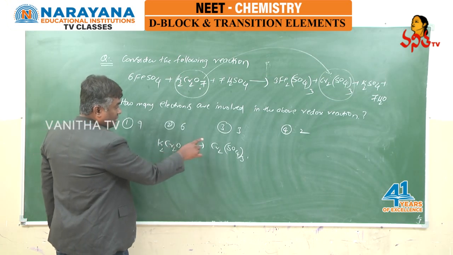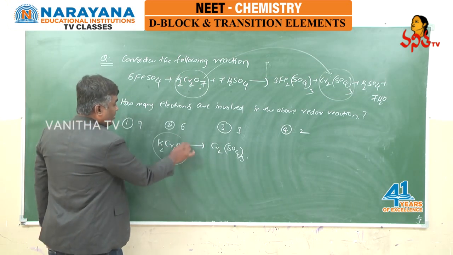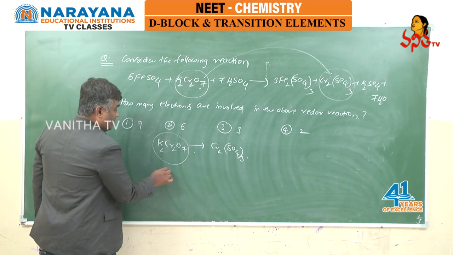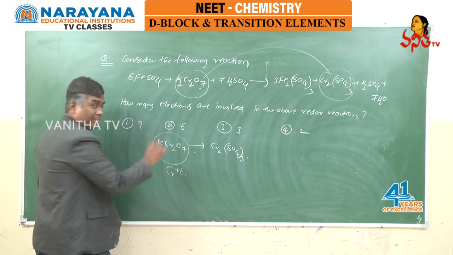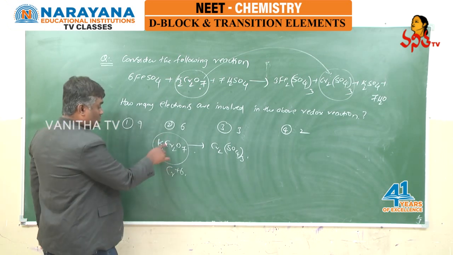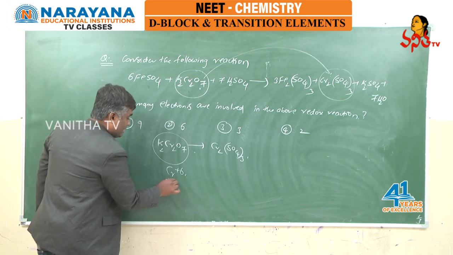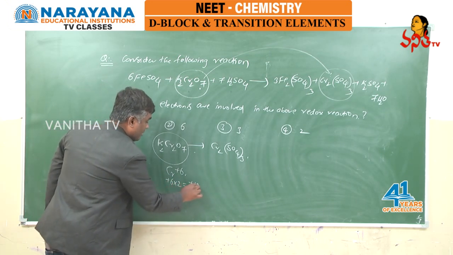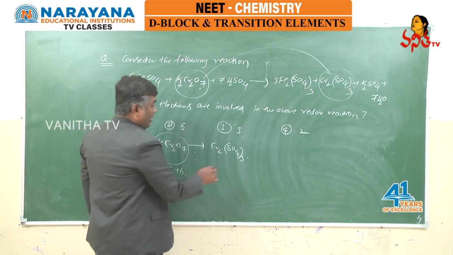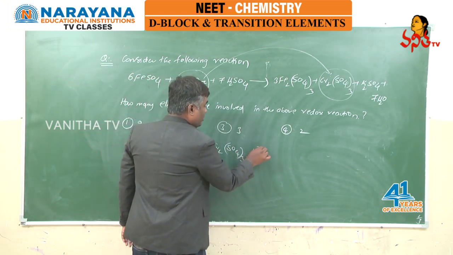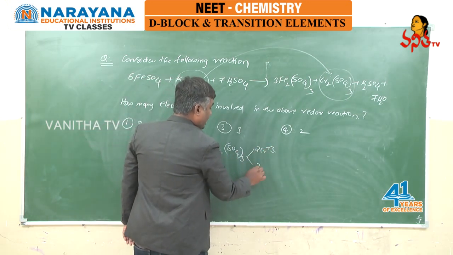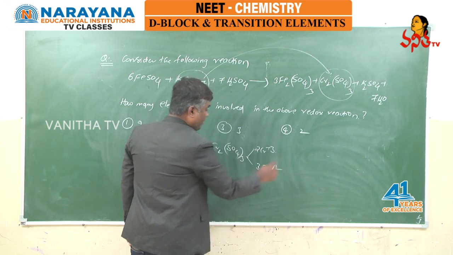Here there are 2 chromiums, and there are also 2 chromiums in the product. In K2Cr2O7 each chromium exhibits +6 oxidation state. Two such chromiums are present, so +6 into 2 is +12. If you break up Cr2(SO4)3 you get 2 Cr plus 3 and 3 SO4 minus 2.